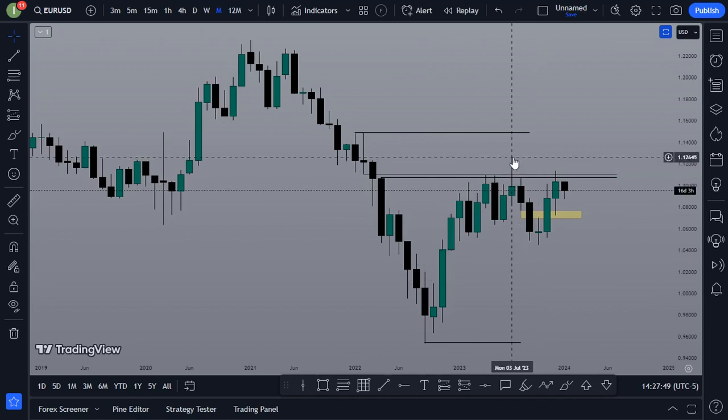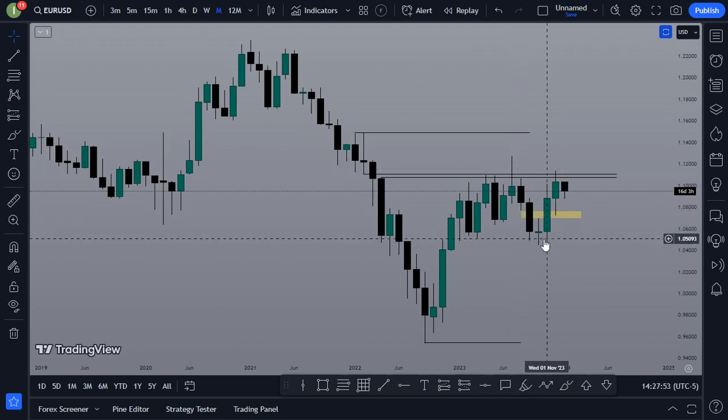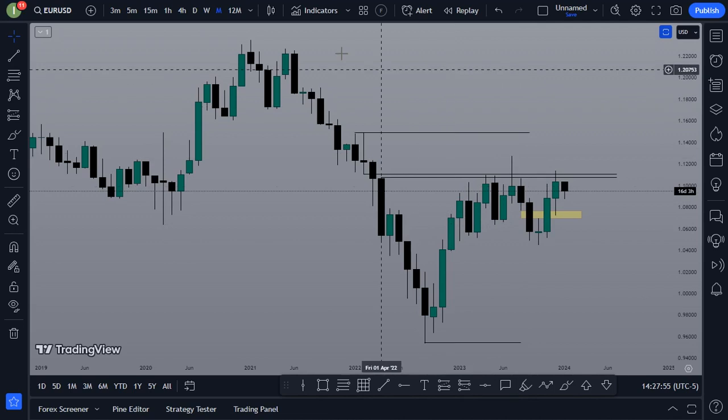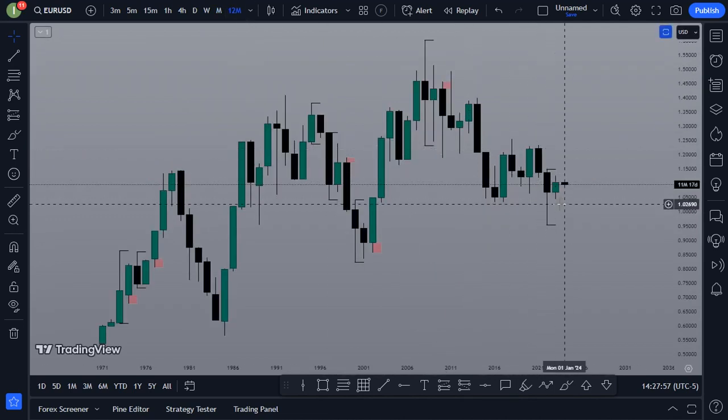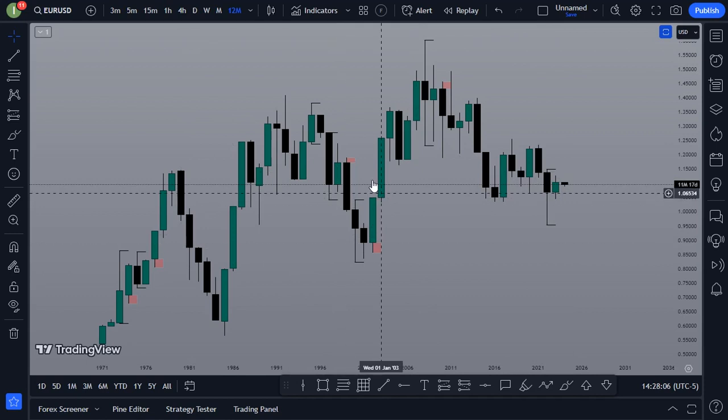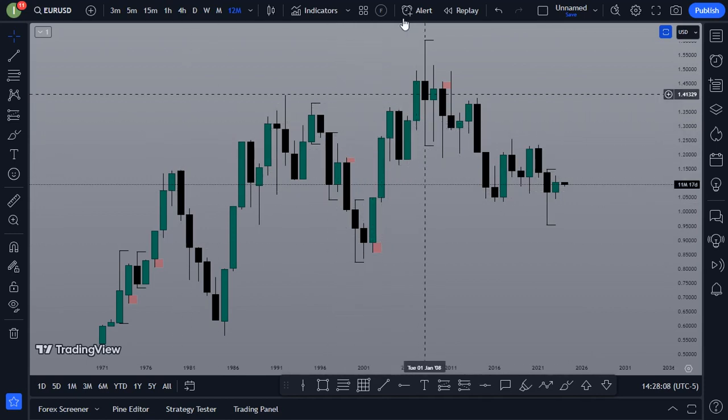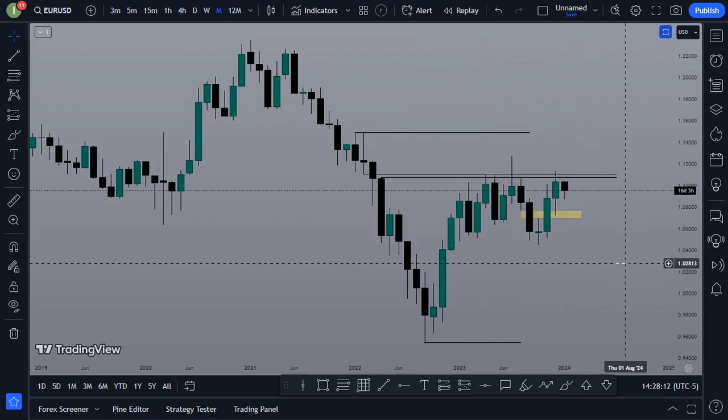So if history is going to repeat itself, then the candle that creates the inside bar, the next one is going to be the opposite candle. This is bullish, so we expect this to be bearish in terms of what we have seen in the last couple of years. If this is going to be bearish, what do we have in terms of analysis here?